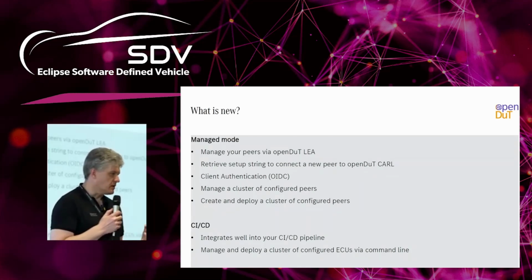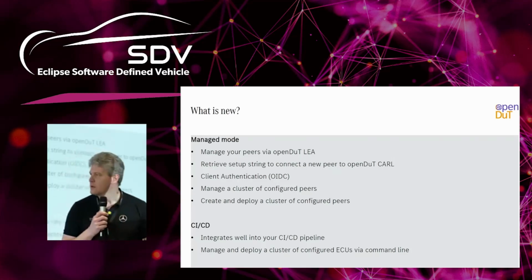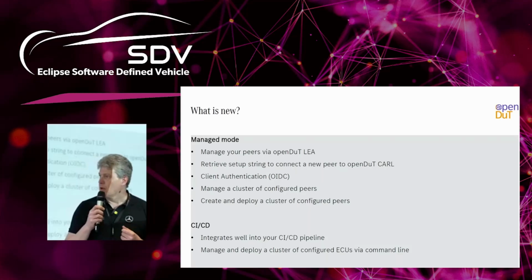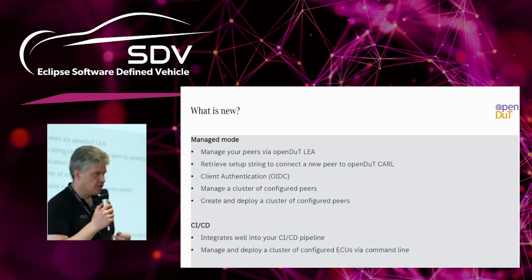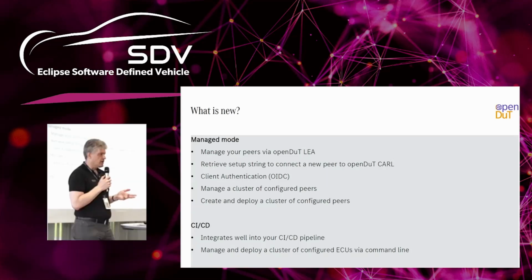So you just take that setup string and feed it into the EDGAR when you run the EDGAR application on your peer, and then it is basically all set up and it connects automatically to the server. Authentication was also added recently so that all the clients will have an authentication with a client ID and client secret that is managed in a Keycloak server, also included in the management server.